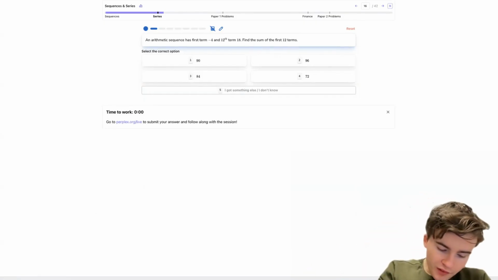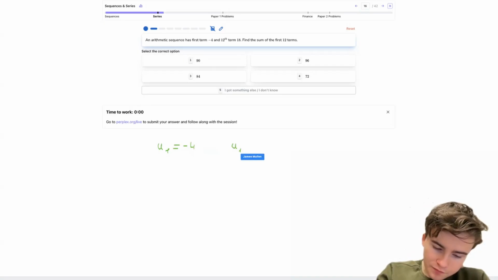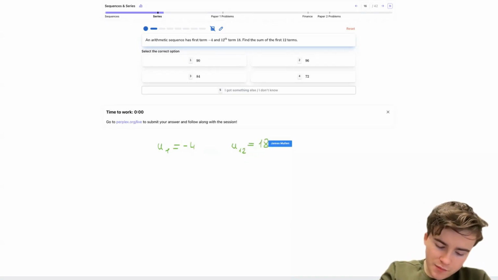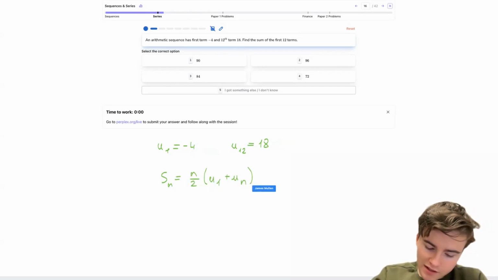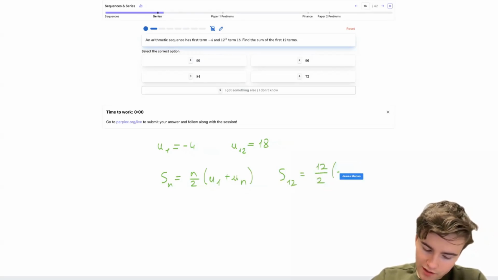I have a first term, u1 is equal to minus 4, and the 12th term, u12, is equal to 18. I want to find the sum of the first 12 terms. So remember, I have the formula Sn is equal to n over 2 times (u1 plus un). This is in your formula booklet. In this case, I'm looking for S12, which is 12 over 2 times (u1 is minus 4 plus the 12th term, which is 18).